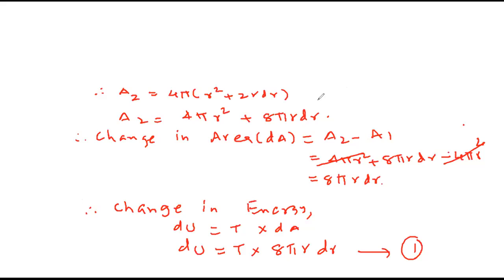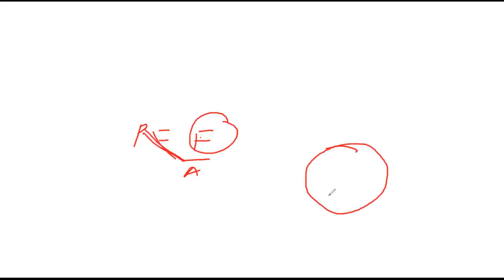Everybody has done? Can I clear it off? Yes, sir. What is pressure defined as? Force upon area. So force will be pressure into area. At this point, force is acting on this, which is the pressure difference.